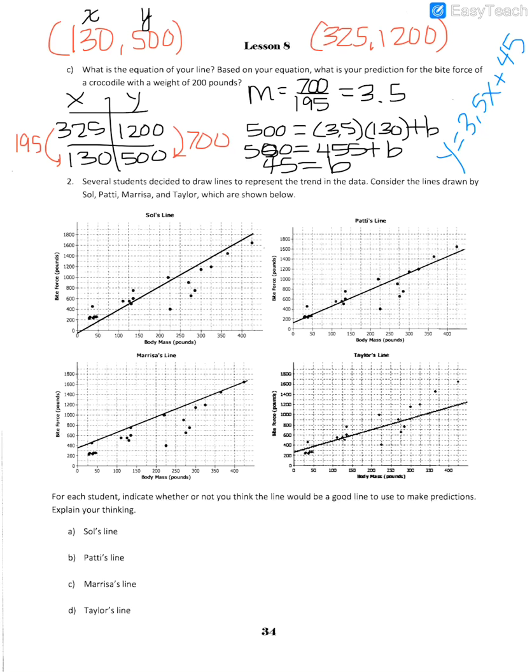I'm going to start with Sol. Sol's line is the upper left. Sol's line is not terrible, okay? Here's the problem with Sol's line. There's too many dots on the top of this section and then on the bottom of this section. You notice how on each one of these sections, there's not dots on both sides.